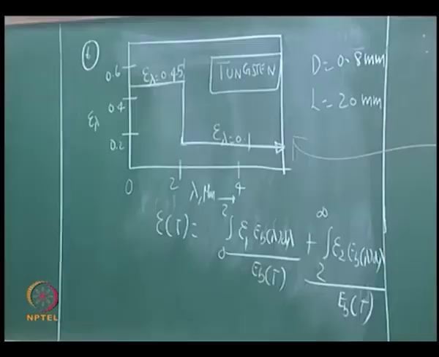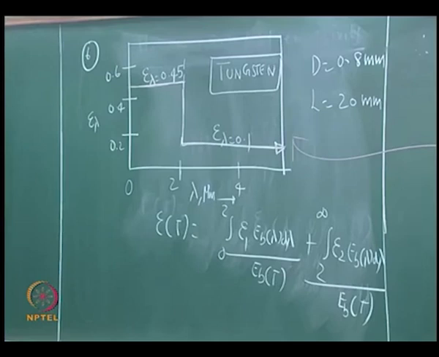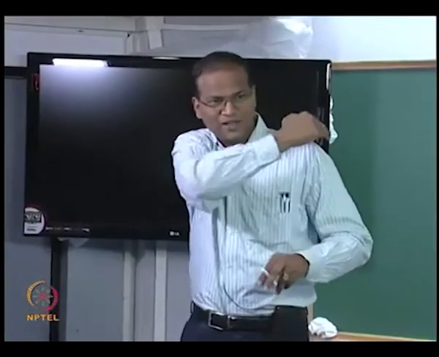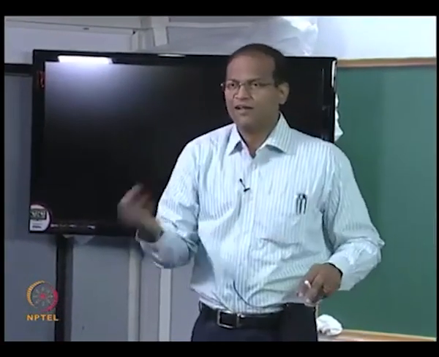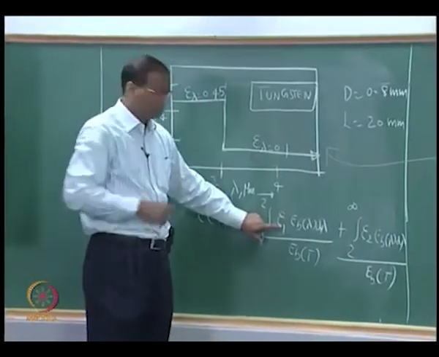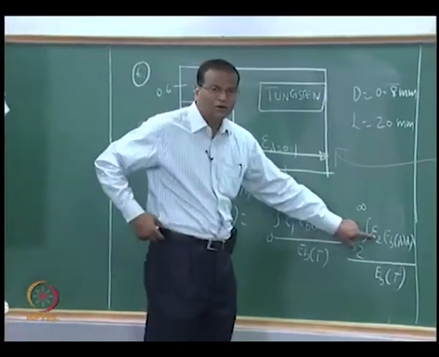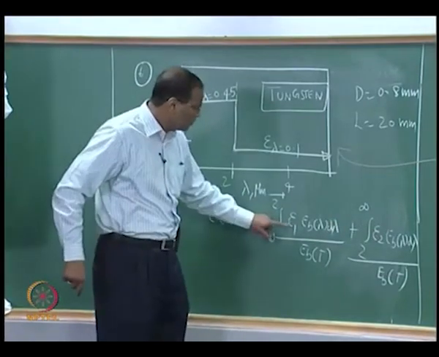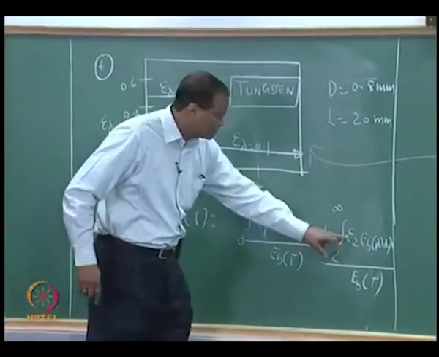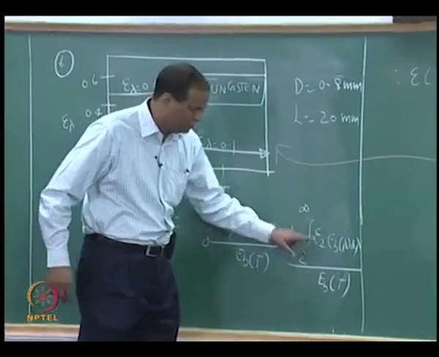Because it has got only two values, epsilon 1 and epsilon 2. Suppose I want to pain you in the exam, each time you have to stop and go back to a chart and then get the emissivities. Now what is epsilon 1 for this problem? Very good. What is epsilon 2? Okay. Now is epsilon 1 constant over 0 to 2? Yeah. Can you pull it out? Yeah. Is epsilon 2 constant from 2 to infinity? We can pull it out.